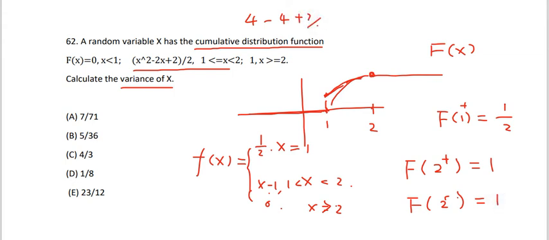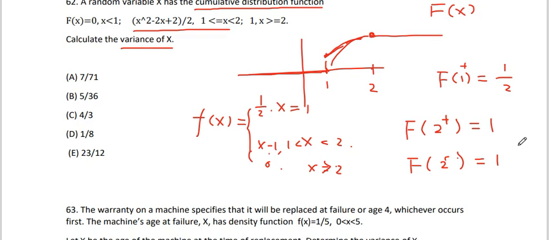So at x equals 2, no jump. So the density function is like this: at x equals 1, half; between 1 and 2, x minus 1. Once we have the density function, then we can find the variance.